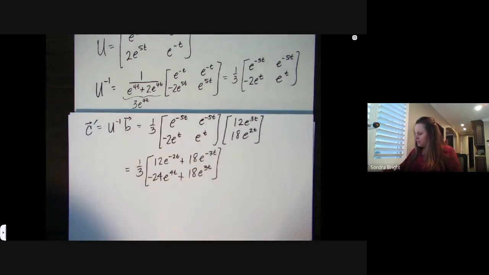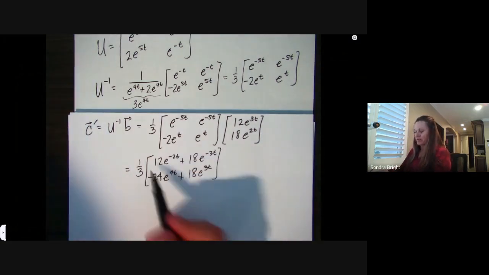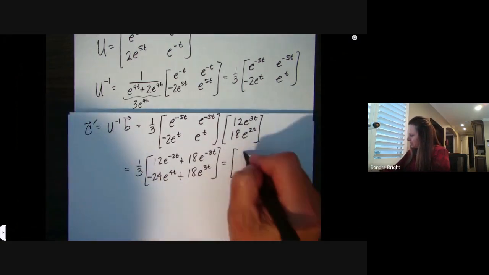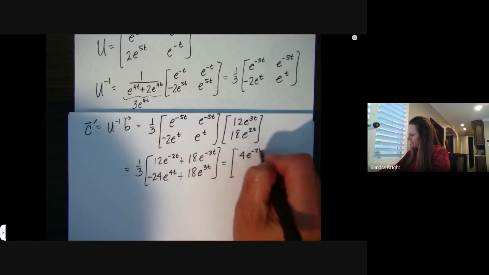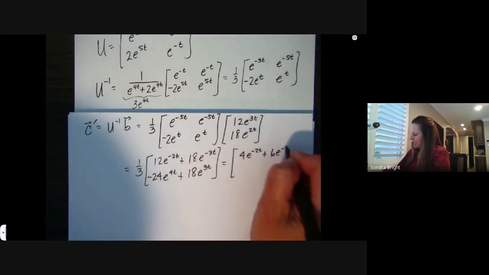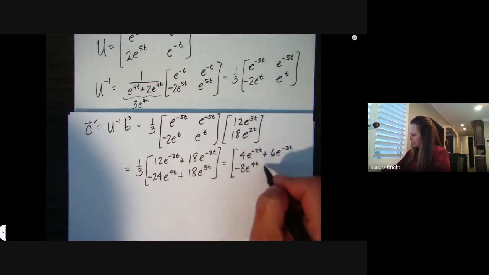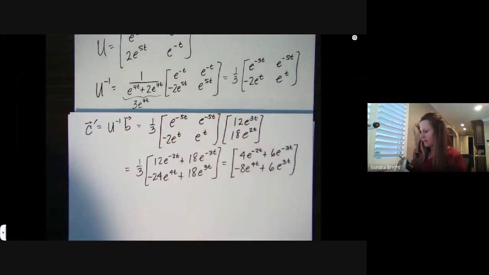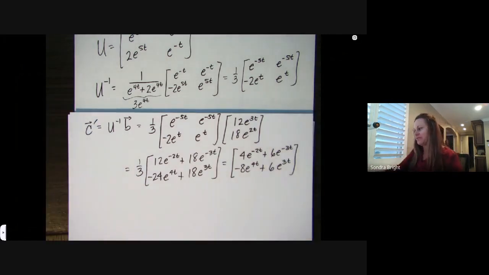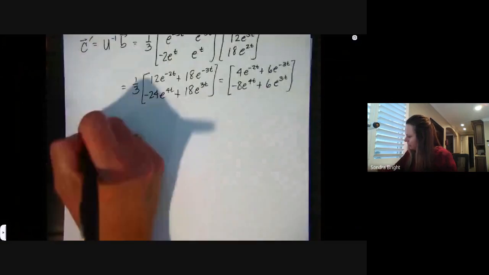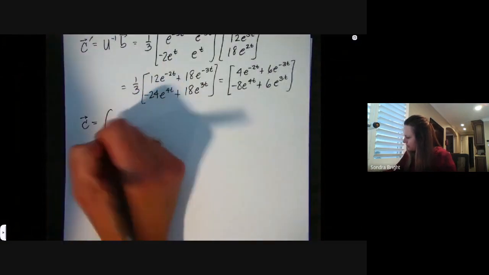All right, so then all of these are divisible by 3. So let's go ahead and distribute the 1/3. That means this would be 4e to the negative 2t plus 6e to the negative 3t, and negative 8e to the 4t plus 6e to the positive 3t. So there's our C prime. That's what we've got to integrate now to find C. So C will be the integral of this matrix.